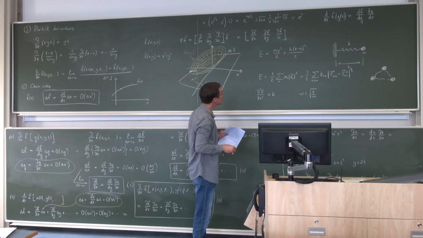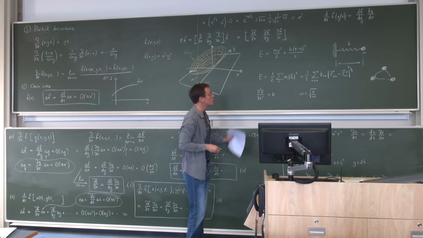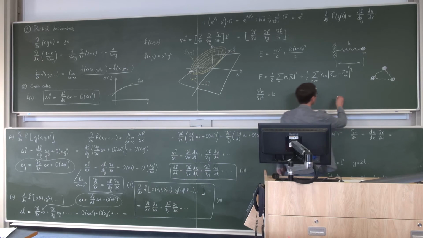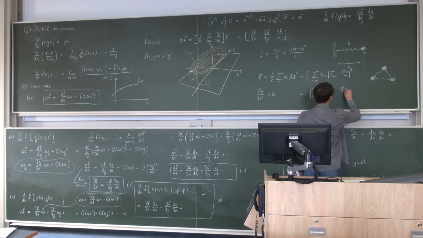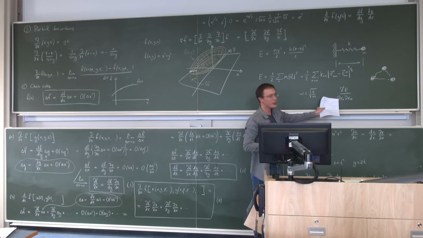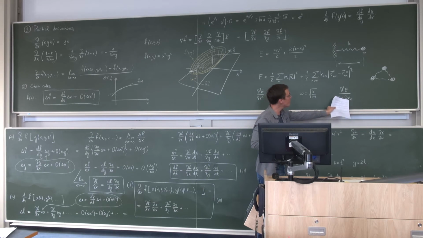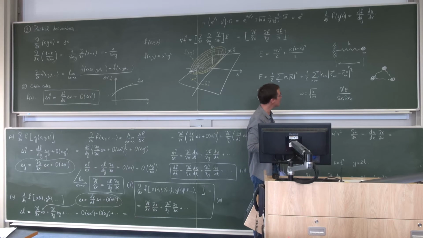And what we therefore need to know in the case of the full molecule are the following things. d2E by dx_n dx_m, where that is some coordinate of some particle and that's some other coordinate of some other particle.